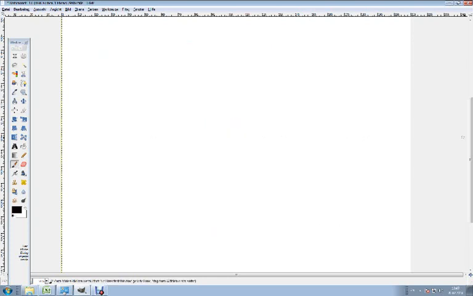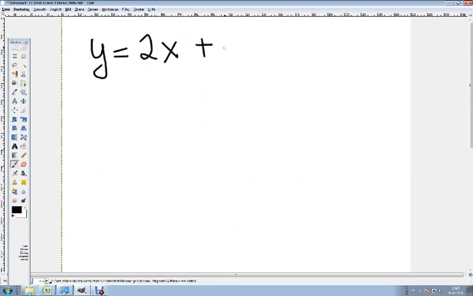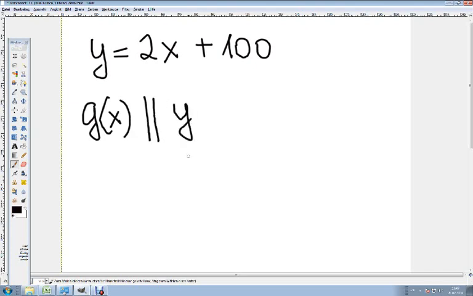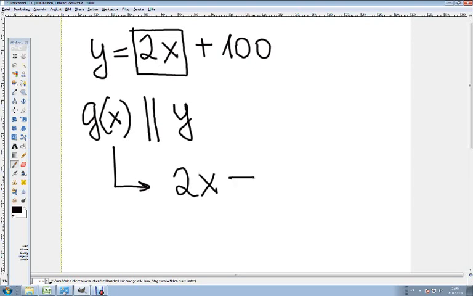Okay, let us say I have a line y equals 2x plus something, like 100. I would like to write down another line, for example g of x, parallel to y, followed by the same term 2x, plus another number, I don't know which one, let's say b.